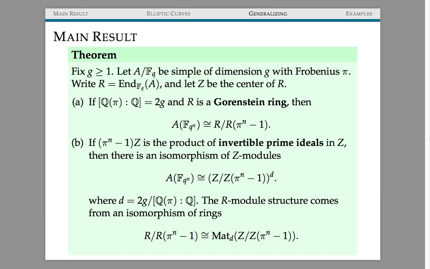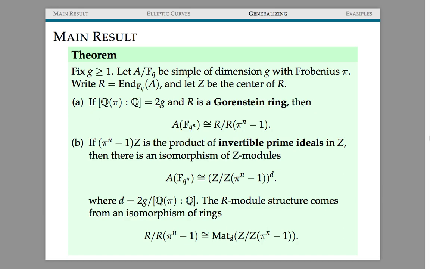And this D is the 2G over Q pi over Q, which you saw in the last slide. And then the R module structure, like before in Lenstra's theorem, comes from an isomorphism of rings, where we can think of R mod R pi to the n minus 1 as a ring of matrices that are acting on these vectors that we got in the isomorphism of modules over the center above.